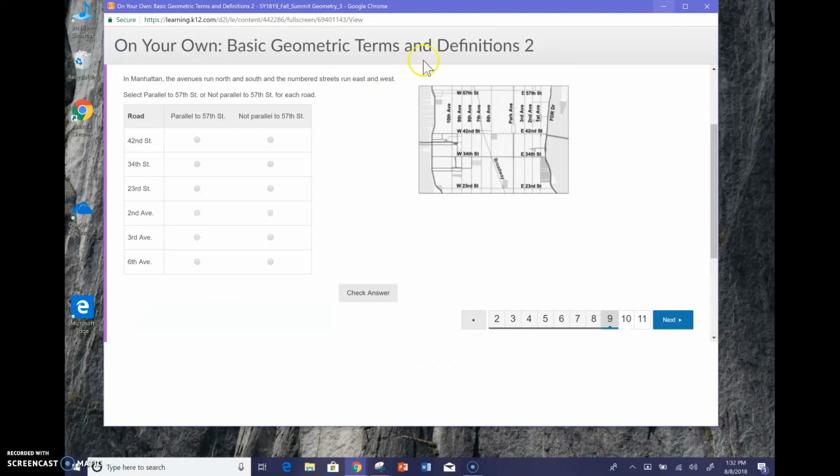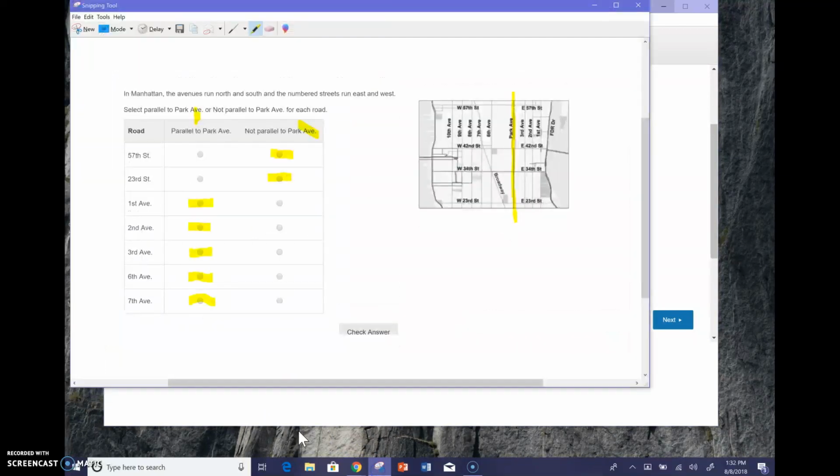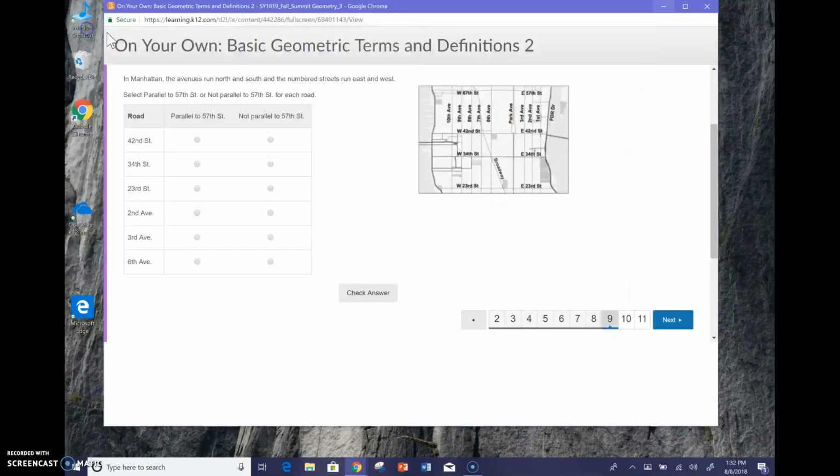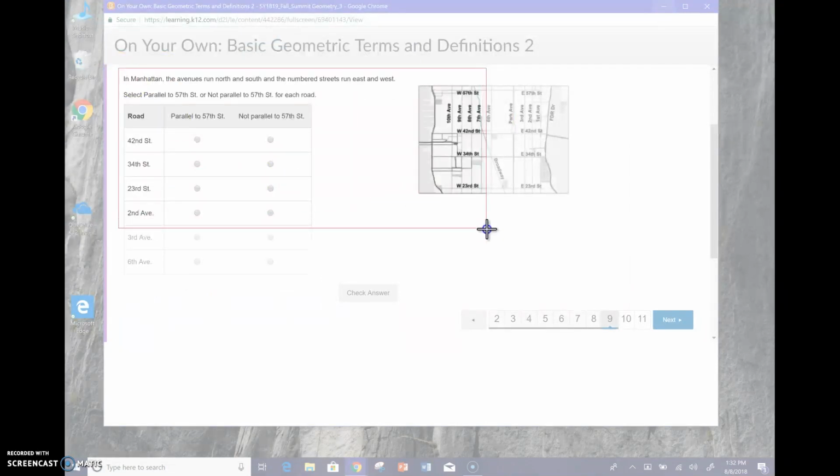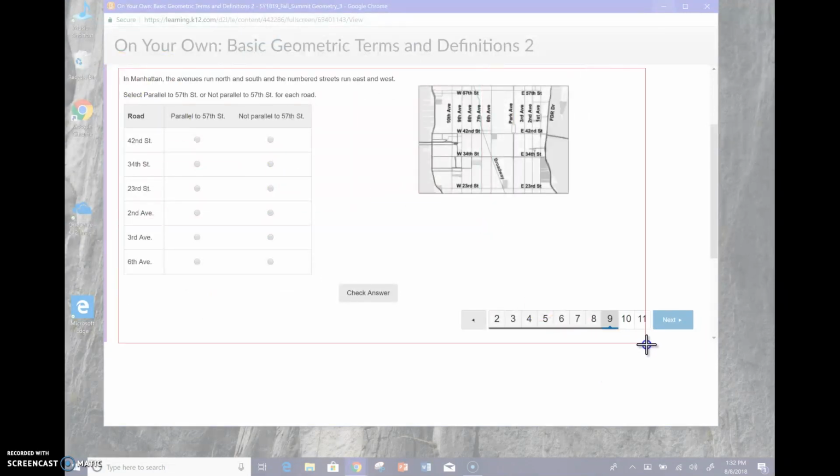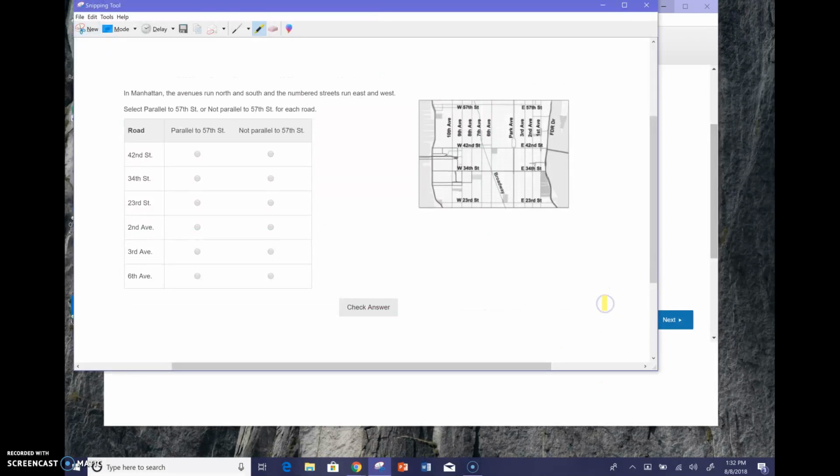All right, here's another one. Let's take our snippet again. All right. So we're looking for 57th Street, which is this top one. So let's highlight that one. 57th Street runs east to west.